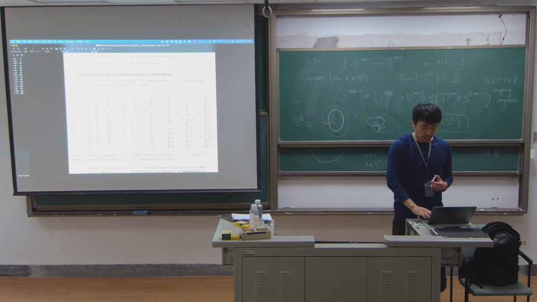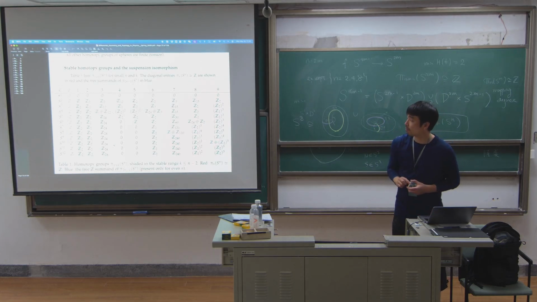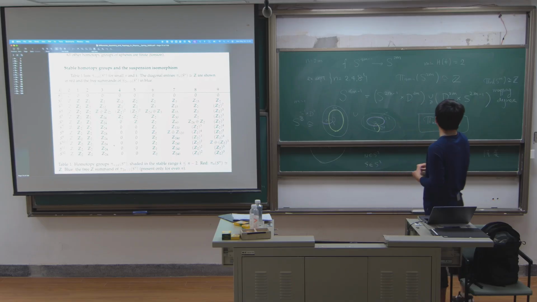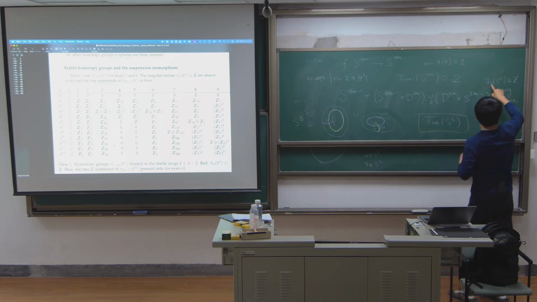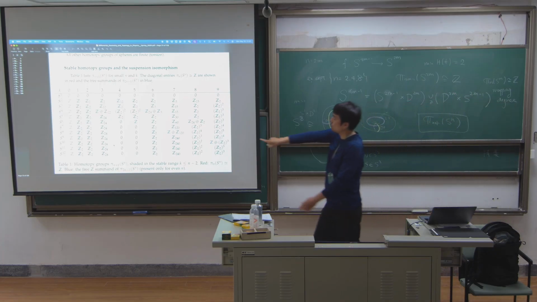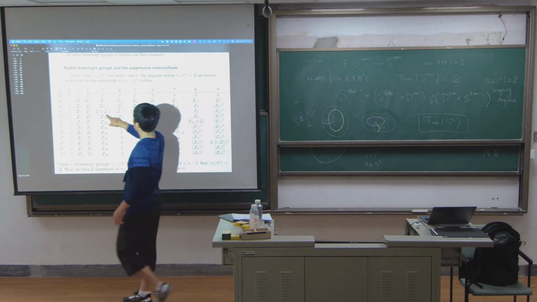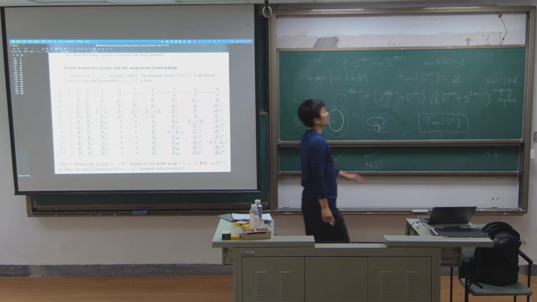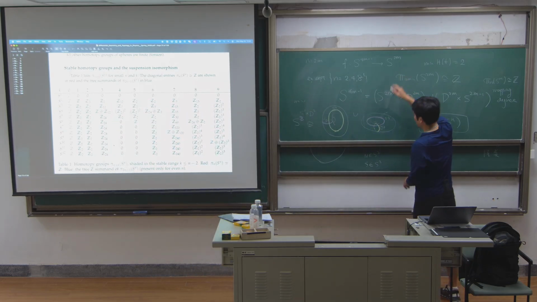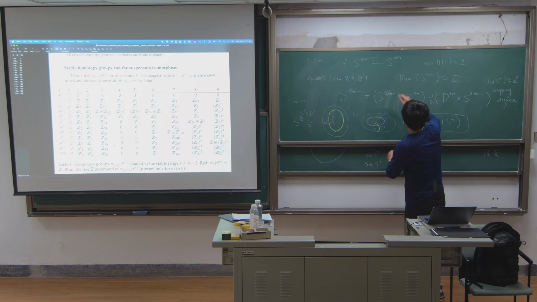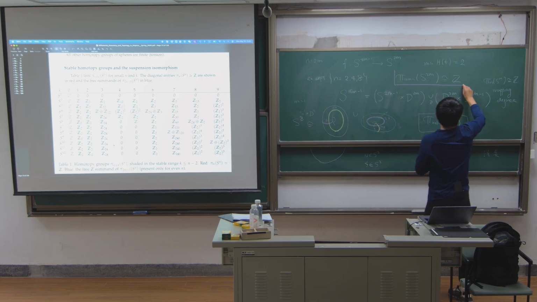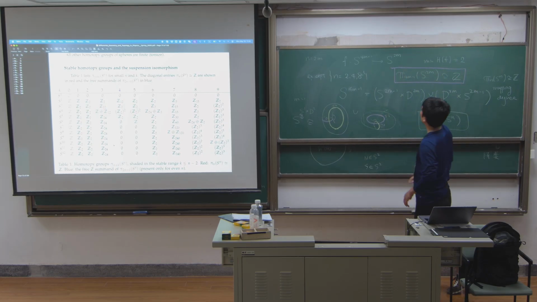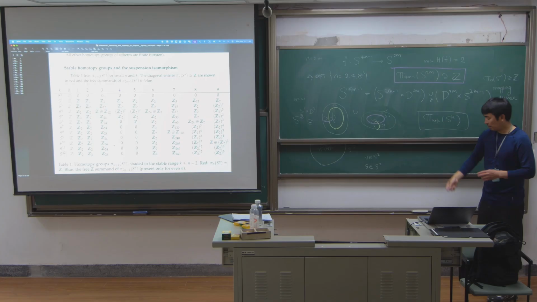These red Z are just the mapping degree, the same n. So blue Z are the Hopf invariants, higher Hopf invariants.